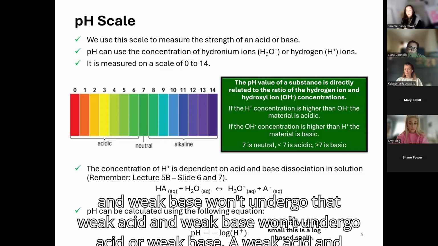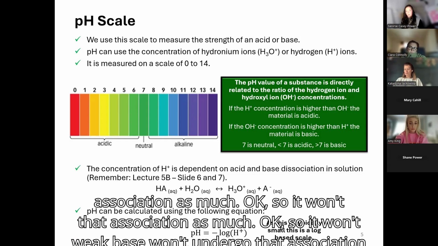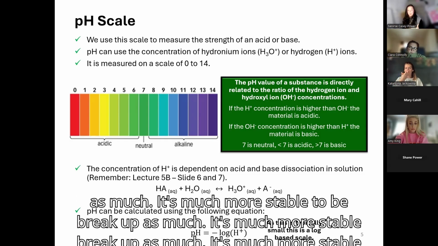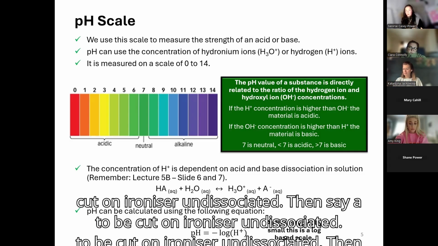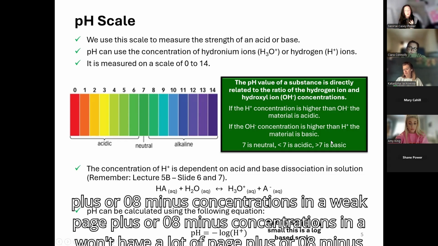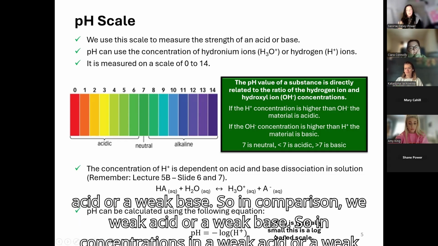A weak acid and weak base won't dissociate as much; it's much more stable to be unionized or undissociated. So in comparison, we won't have a lot of H plus or OH minus in a weak acid or weak base.